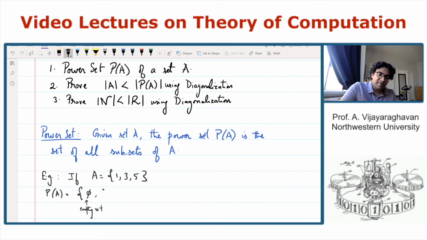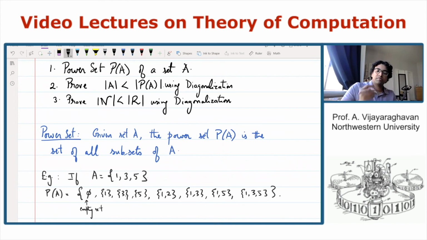And then you have the singleton sets here: {1}, {3}, and {5}. Then you have these subsets with pairs of elements. And finally, you have the entire set itself. Okay. Good. So this is the power set of A.